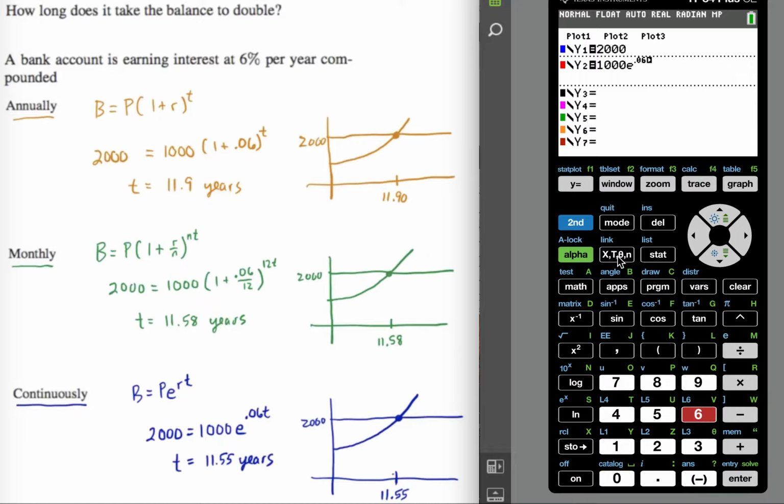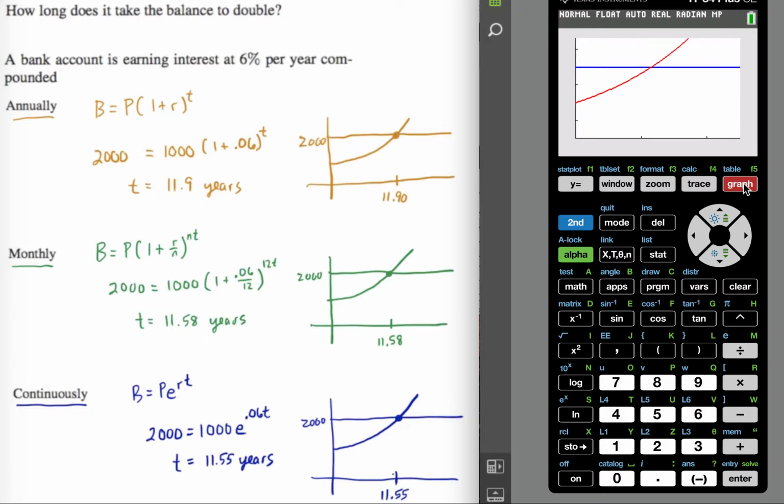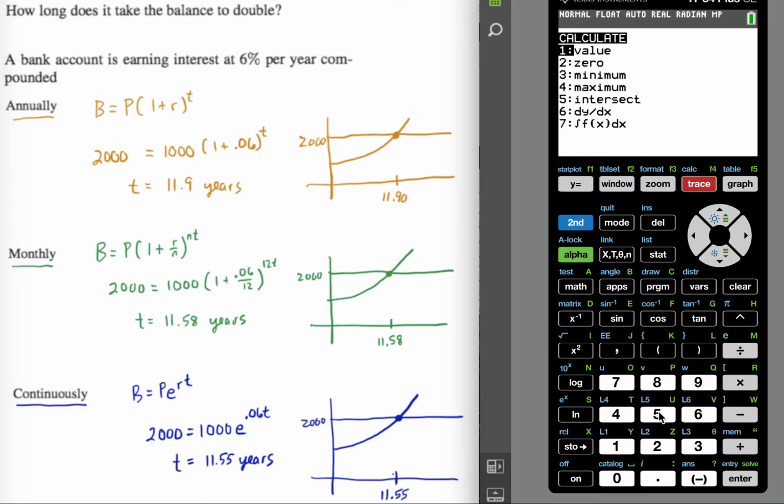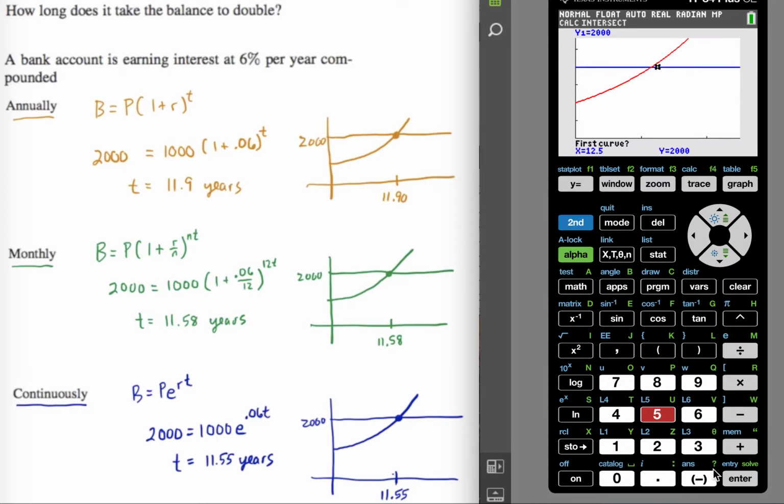We're letting time be represented by x. So now if I graph, find the point of intersection, second, trace, number 5 for intersect. First curve is the 2,000, second curve is the exponential growth, and then the guess. So now it says intersection is 11.552, so that is 11.55 years.